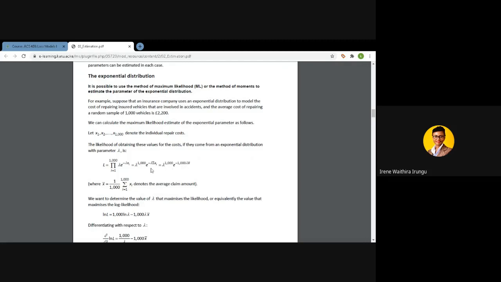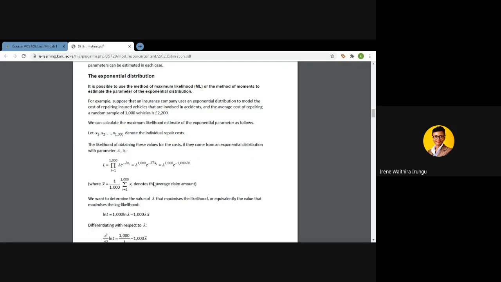And my exponent now becomes e raised to negative lambda times 1000 of x bar. So this is simply deduced by expressing this summation in terms of the x bar.